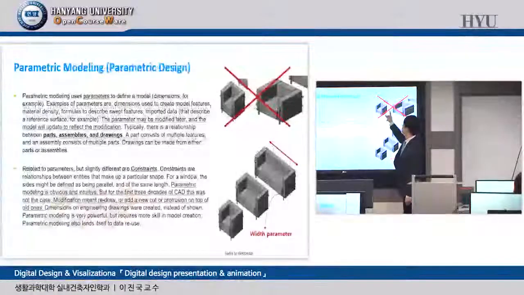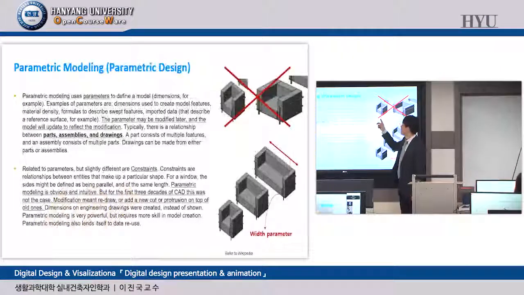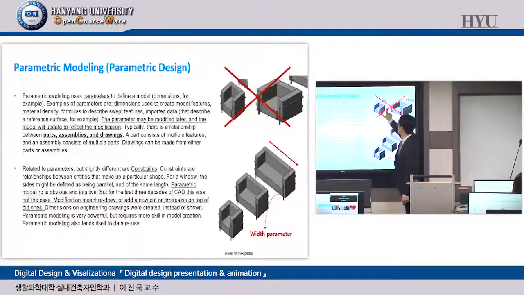Take a look. If this is a geometry model, what if you want to make this one for 2 or 3? In 3D Max or in SketchUp, what can you do? If you rescale this one, the couch is going to look like this, okay? Thicker or oval-shaped legs, and the arm is also going to be changed, okay?